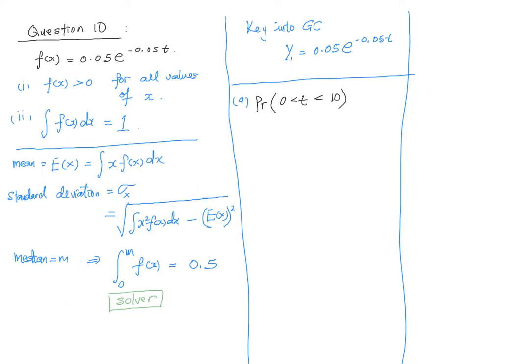So this is equal to integrate 0 to 10 f(t) dt. Okay, so you just go to your calculator. When you talk about integration, you just go to your calculator, FNINT.